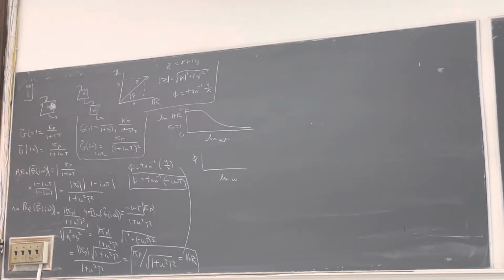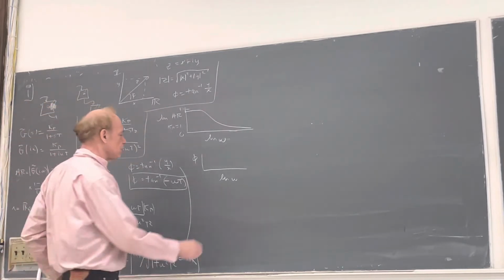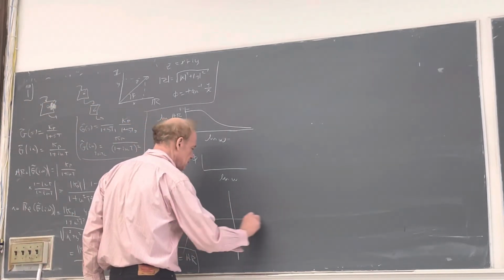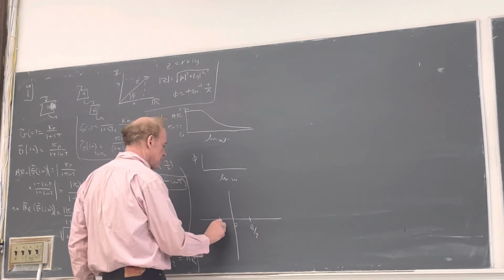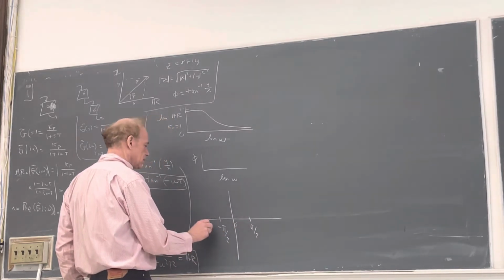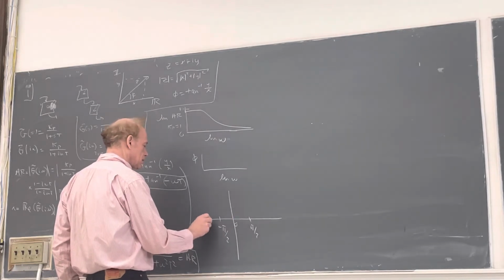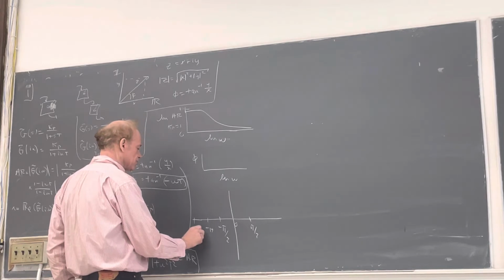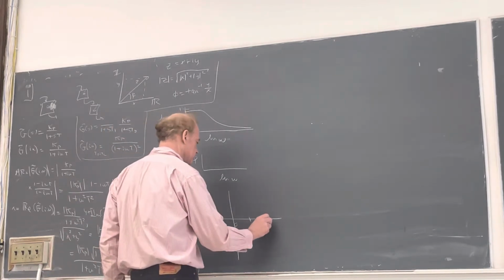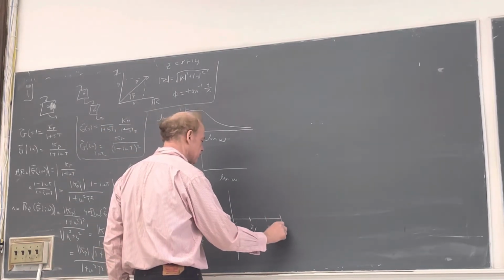How about phi? Well, in order to get phi, I need to know the arctangent. So here is 0, pi over 2, minus pi over 2, minus pi, minus 3 pi over 2, plus pi, plus 3 pi over 2.